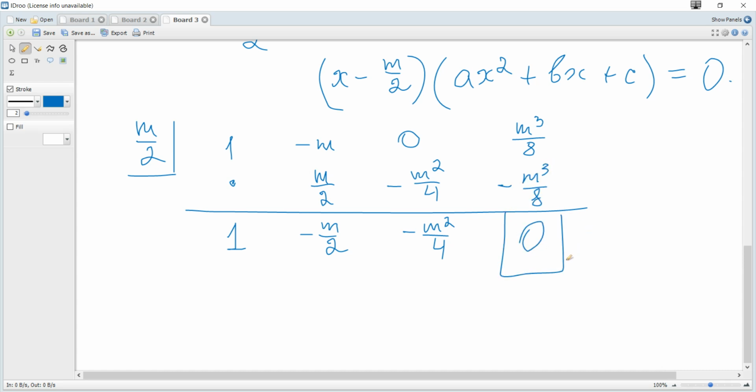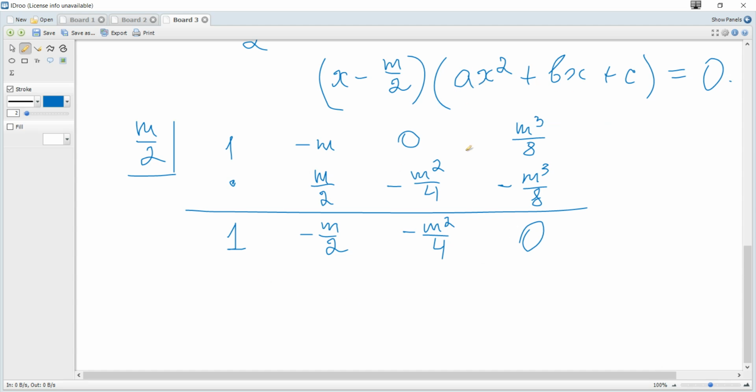Notice that this value is the remainder, and since m over 2 is a root, there must be 0. If you get a value which is not 0, it indicates that there is a mistake, because if it's a root and a factor, the remainder must be 0.